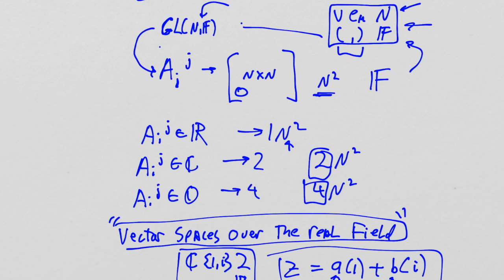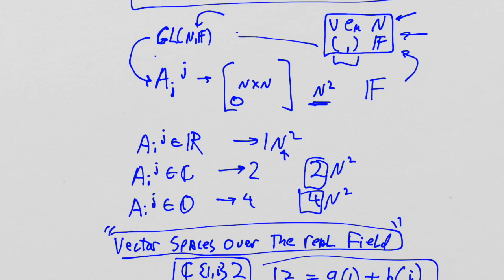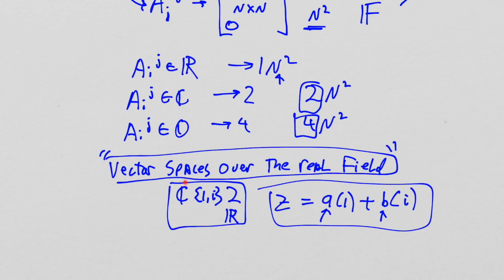And then on top of that, we realize, well, wait a minute, these matrix elements could be drawn from this underlying field, and that field has a certain dimensionality to it, meaning it's either 1, 2, or 4. And that's when you think about this field, which is the scalar field of this vector space. Now you're thinking about that field as a vector space in its own right in order to count its dimensionality. So this is why you kind of got to concentrate on this, right?